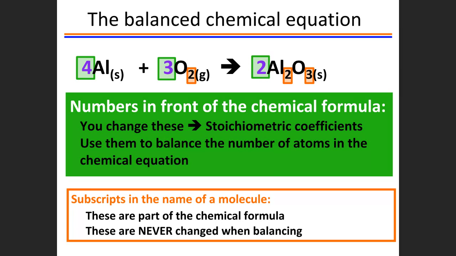For example, aluminum plus oxygen: the ratio of aluminum and oxygen from these coefficients looks like 4:3. So to start this reaction, at least we have to give 4 moles or molecules of aluminum plus 3 molecules of oxygen to produce 2 molecules of aluminum oxide.